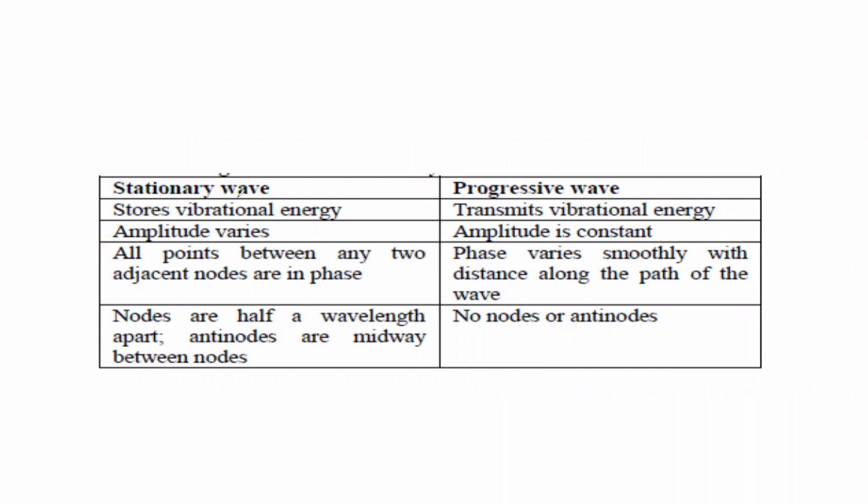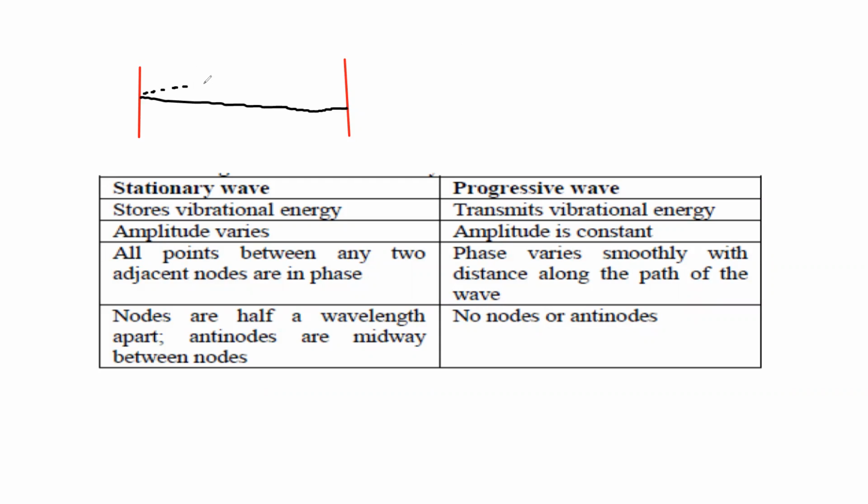A stationary wave stores vibrational energy, while a progressive wave transmits it. What does it mean? In a stationary wave, the wave is confined in the region, trapped in the region.